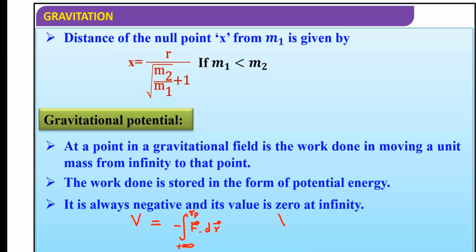Again, I am repeating, gravitational potential is defined as amount of work done to bring a unit mass from infinity to a given point against the gravitational field. It is a scalar quantity with unit joule per kg. Is it clear? Yes.